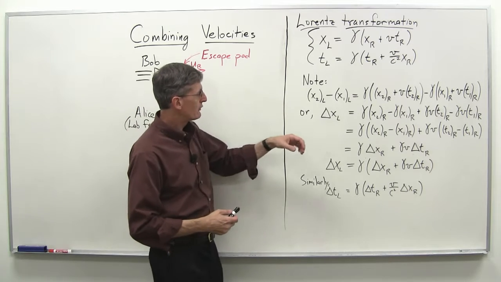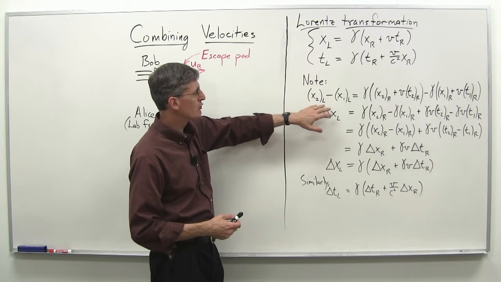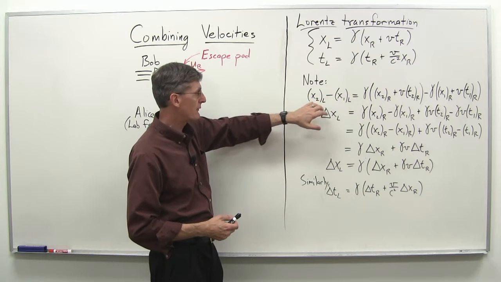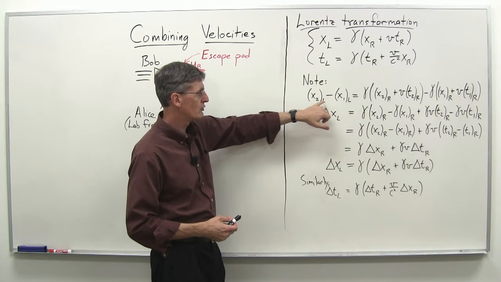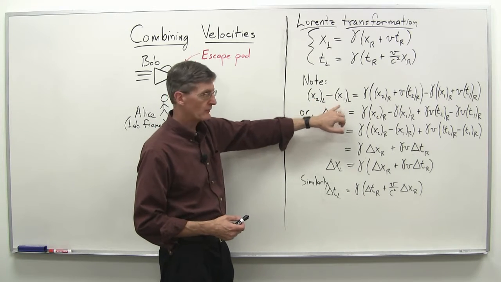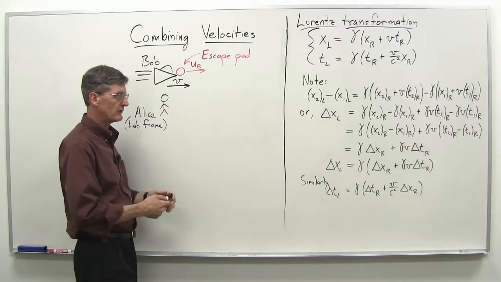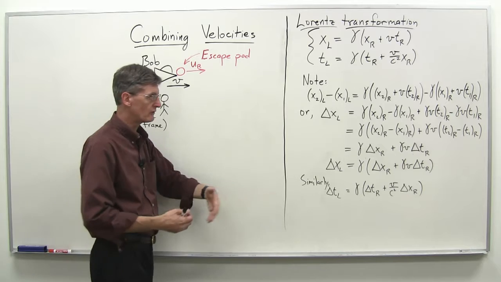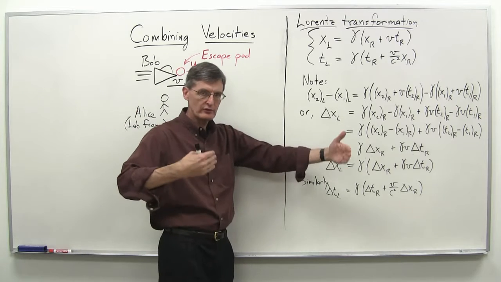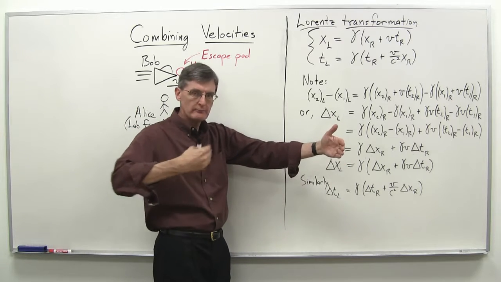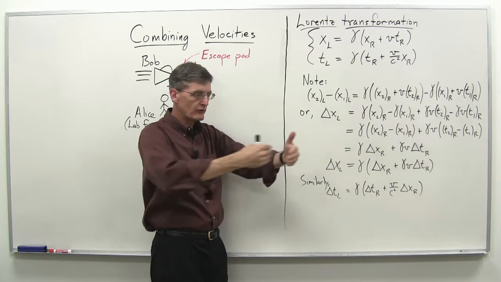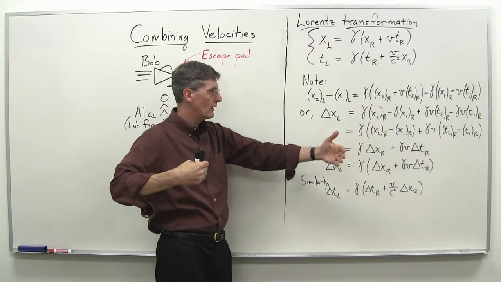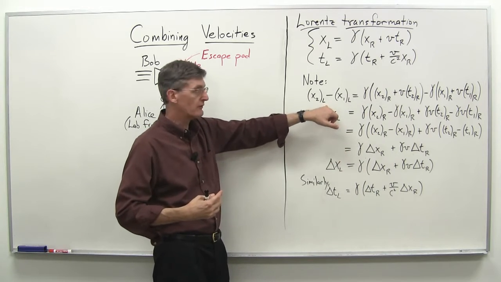So note that if we have two events in the lab frame, at positions x2 and x1, within Alice's frame, the difference between the two positions, x2 minus x1, gives you the distance between x2 and x1 in the lab frame.